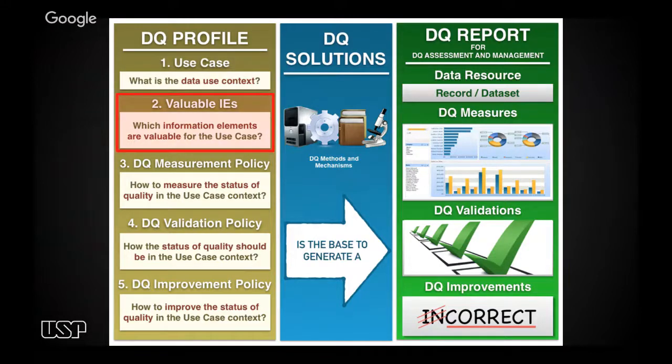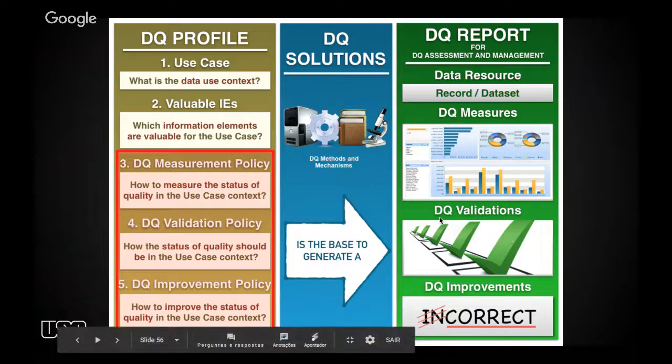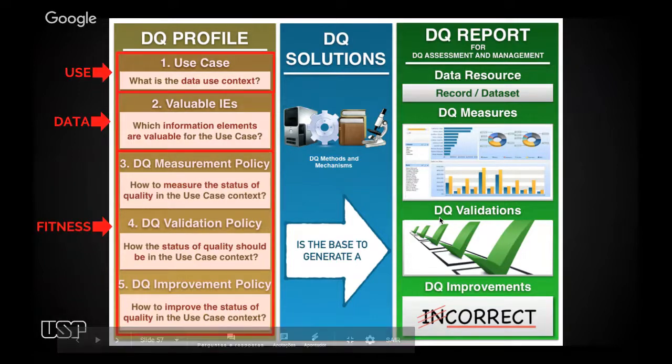It describes the information elements that are valuable in this use case. And we have three more parts that describe what data quality means for each of these information elements in this context. If you remember our definition of data quality, this defines what data fitness for use is, right?